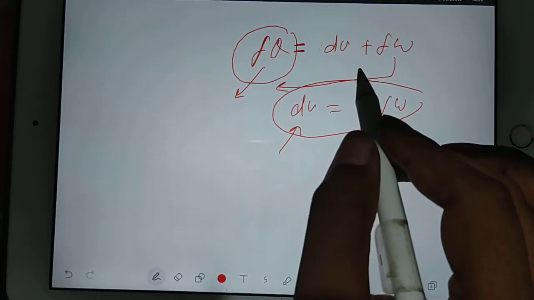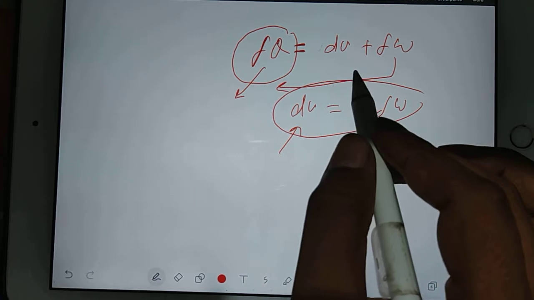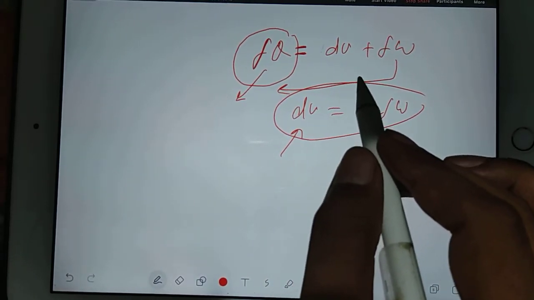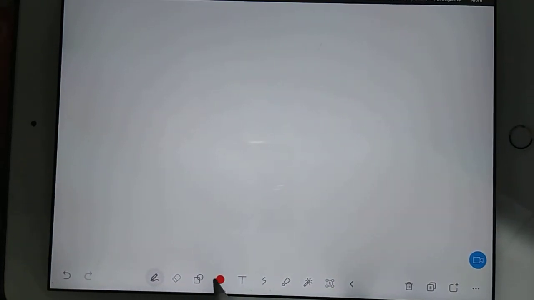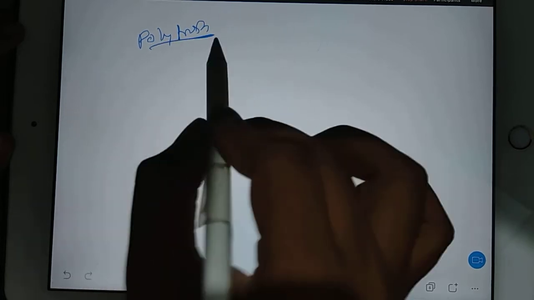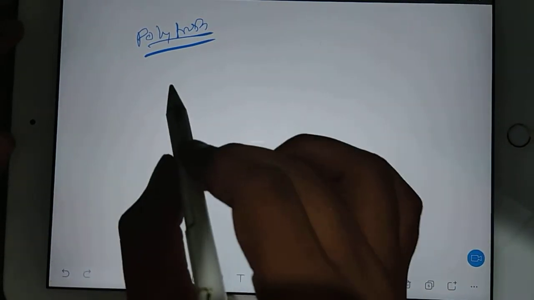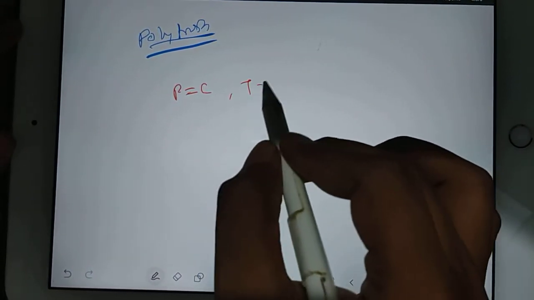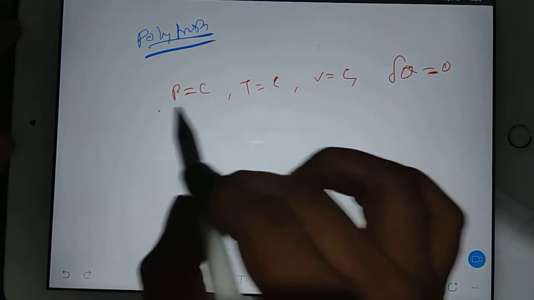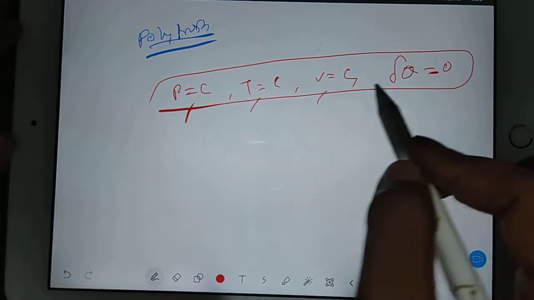So I will give you one last process, that is the polytropic process. Then we'll be free and we can solve all the numericals. See guys, what is a polytropic process? You saw the processes: pressure constant, temperature constant, volume constant, heat transfer 0. These four are very popular processes and we saw the formulas.